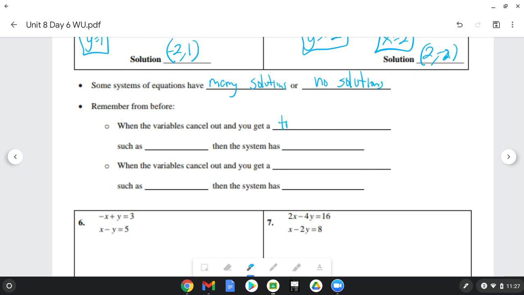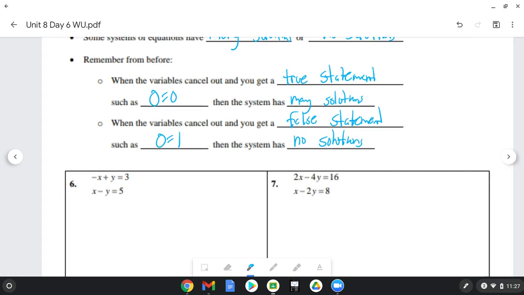You get a true statement such as 0 equals 0. Then it has many. We've talked about this already in this unit. If you get a false statement in the end, if all the variables cancel, such as 0 equals 1, that has no solutions.